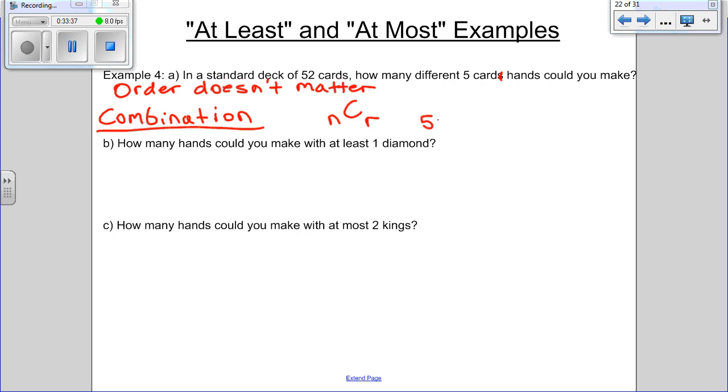This is a huge number. 52 choose 5 gives 2,598,960. That's the total number of card hands you can get dealt. It's a lot of hands.